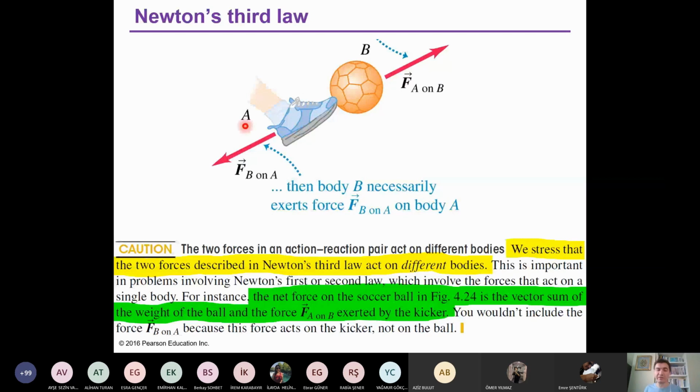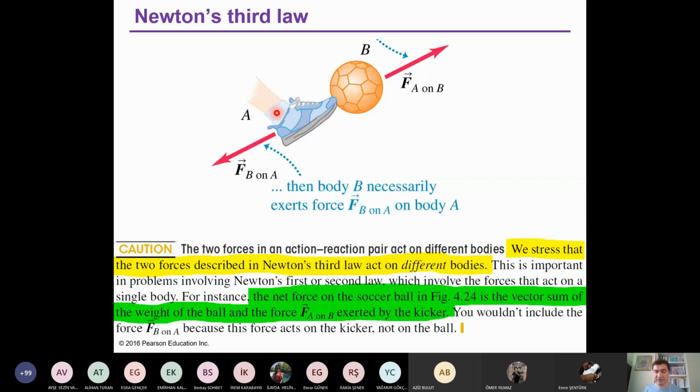Then these forces are an action-reaction pair. But what do you see here? These two forces apply on different objects. For example, this force applies on the ball, but this force applies on the foot.